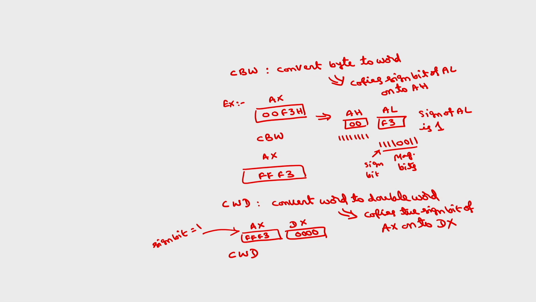So 16 ones will be copied onto DX, so AX remains FFF3 only, whereas DX becomes FFFF. This is how you can convert byte to word as well as word to double word.